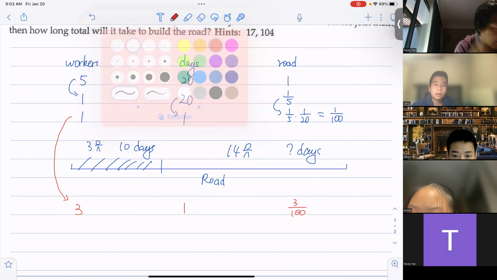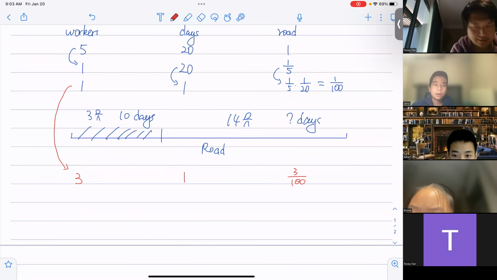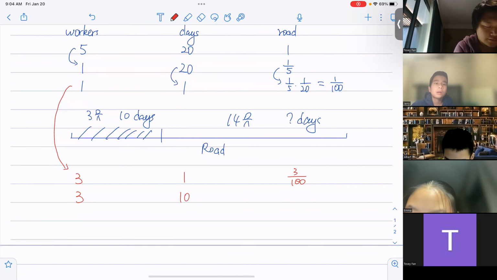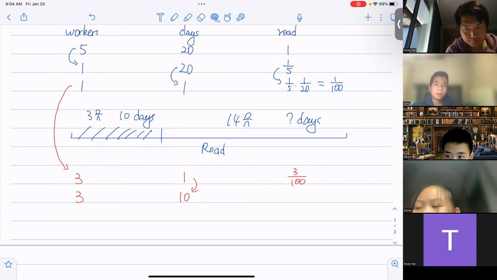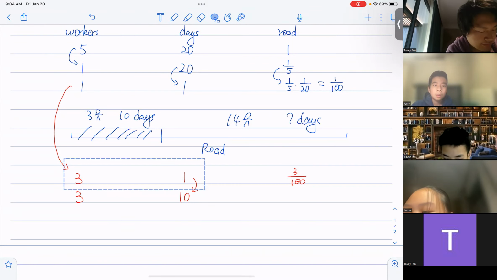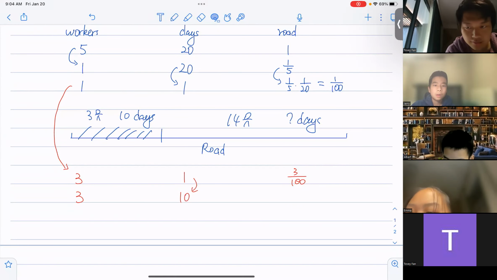Very nice. Okay. But we have 3 people in 10 days, right? So 3 people in one day can finish 3 out of 100. What about in 10 days? 30 over 100. That makes sense, right? 3 people in one day can do 3%, 3 out of 100.